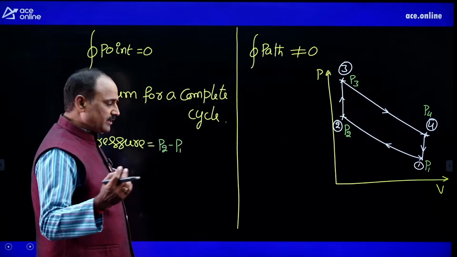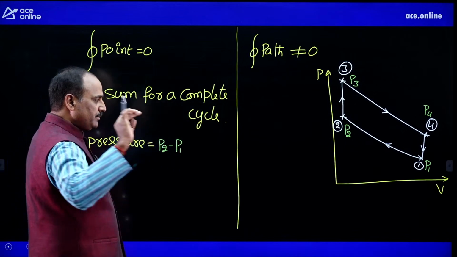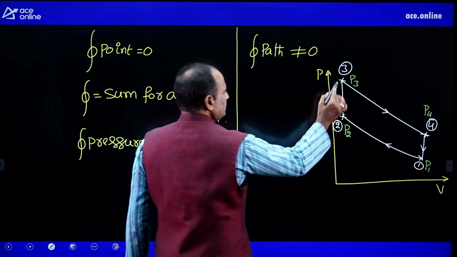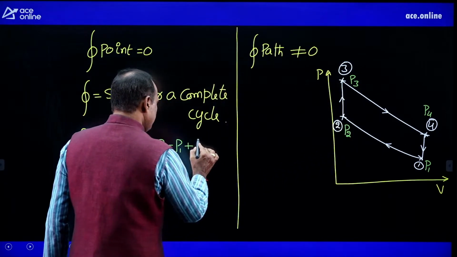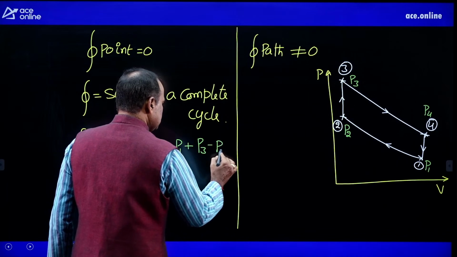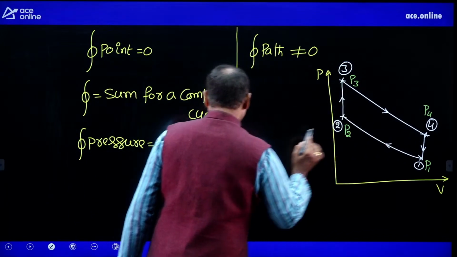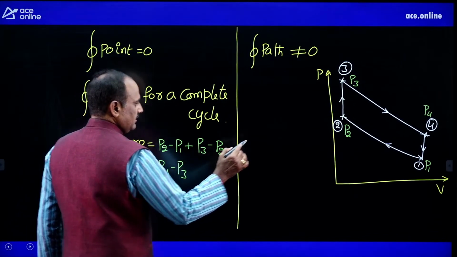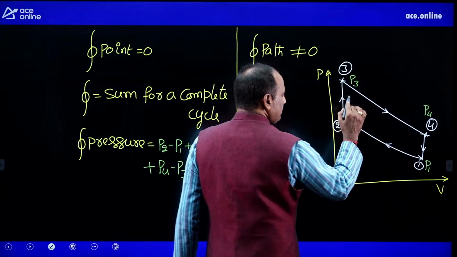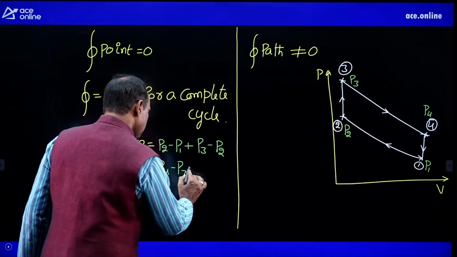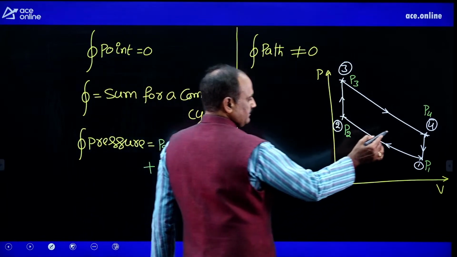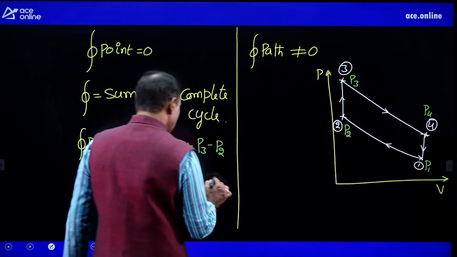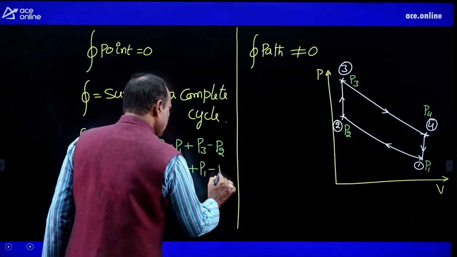Plus P3 minus P2 for the 2 to 3 process, plus P4 minus P3 for the 3 to 4 process, final pressure minus initial pressure, plus for the last process the final state is 1, therefore P1 minus P4.